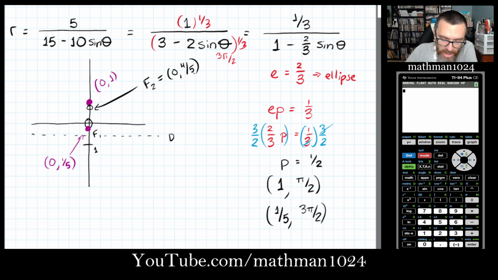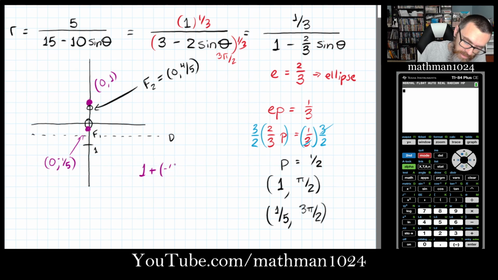Okay. Well, what about the center? Well, the center, wait a minute. Why don't you guys see something? This should be a negative 1/5. My bad. So the center should be the halfway mark between really 1 and negative 1/5. That just means you need to do 1 plus negative 1/5 and divide by 2.